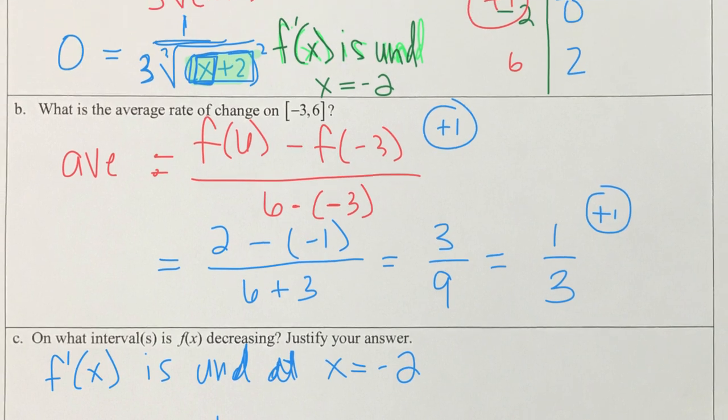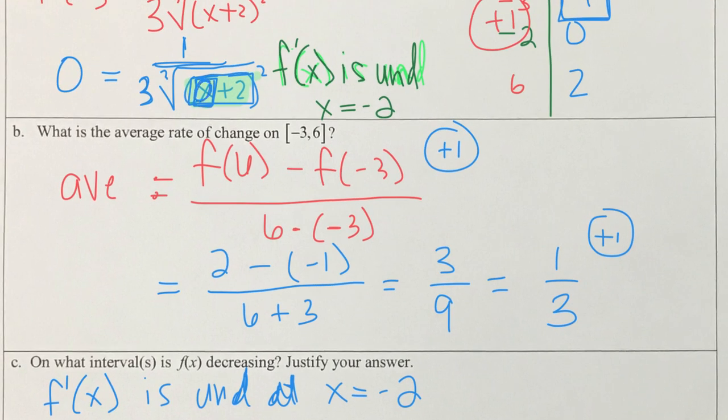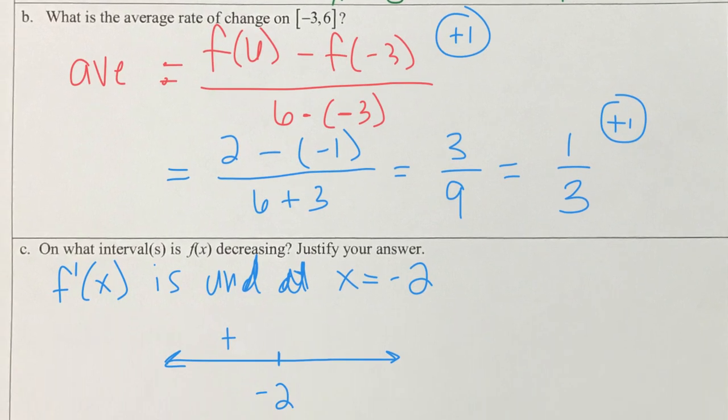So positive on the left, increasing on the left, and let's see about to the right. What if we plugged in 0? Then that's positive 2 squared, which is a positive. And then we take the cube root of a positive, which is a positive. You multiply that by positive 3, and then you divide by positive 1, and we get a positive. So where is the function decreasing? Never.